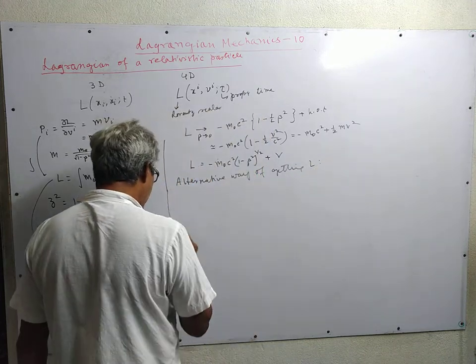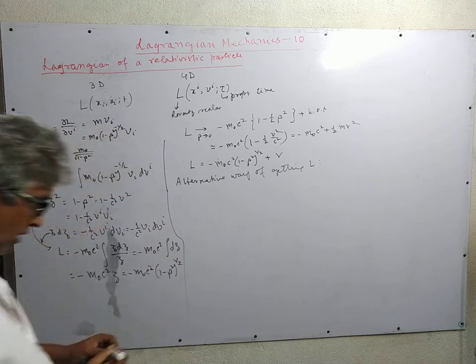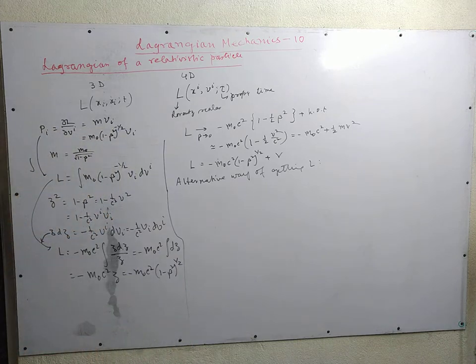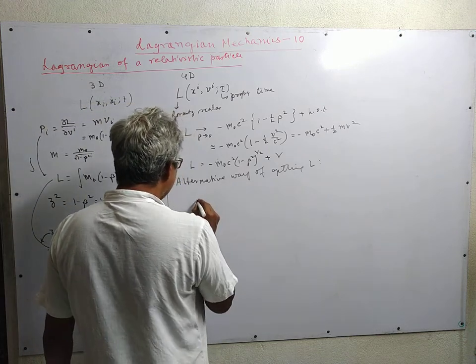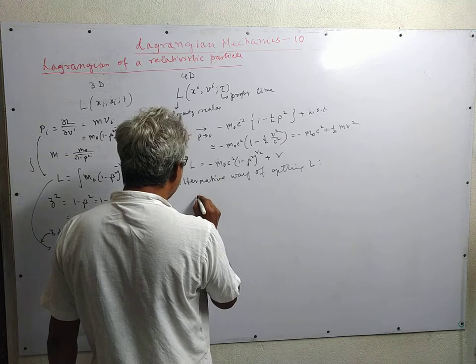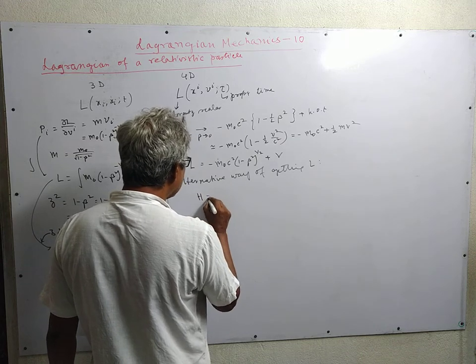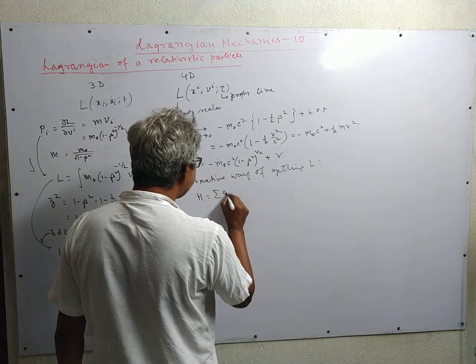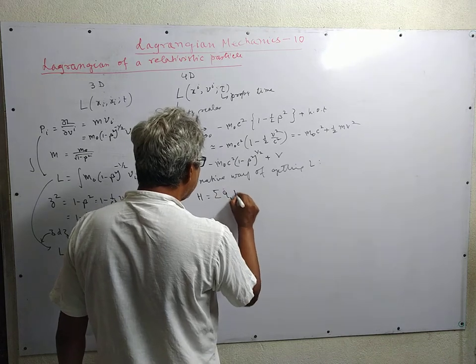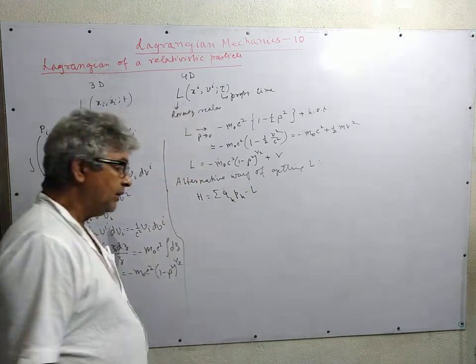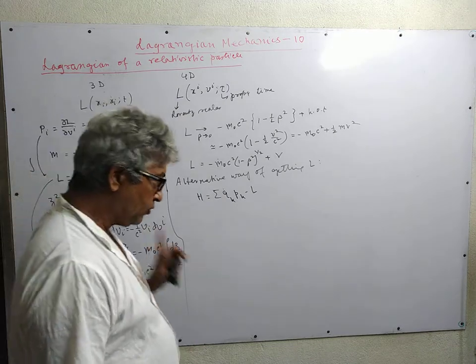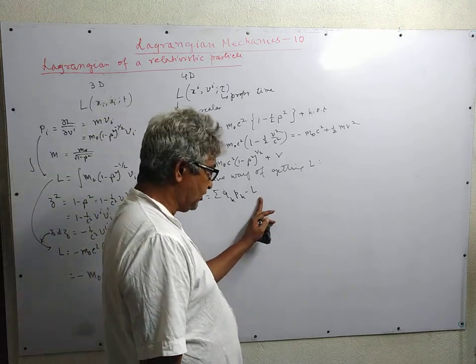Now the Hamiltonian. I haven't yet introduced the Hamiltonian, but you must have some idea about it. In non-relativistic mechanics, the Hamiltonian is defined as H = Σ q̇_k p_k − L. In non-relativistic mechanics, it is a three-scalar.